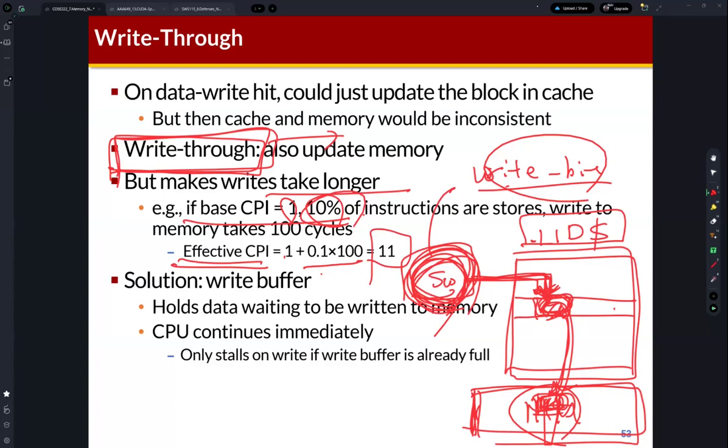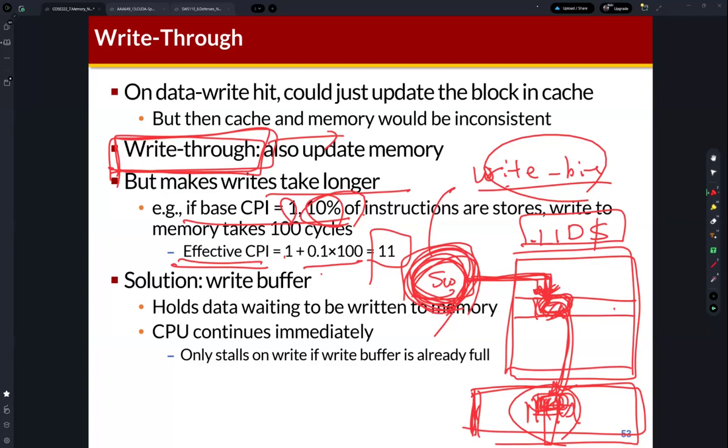So what does that mean? For this processor, for executing one instruction, this processor will take 11 cycles.